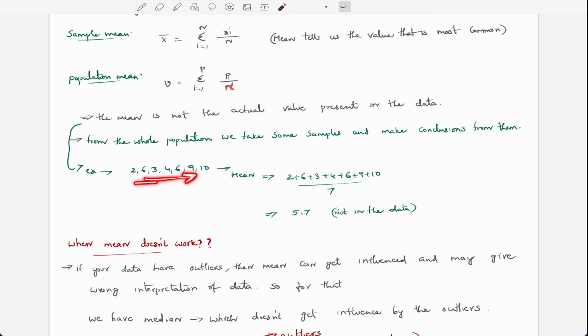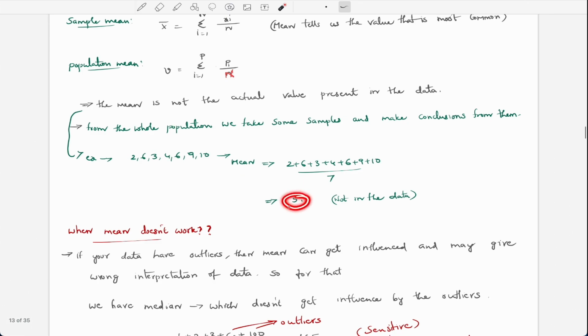Here we have 2, 6, 3, 4, 6, 9, 10, and we add those and divide by the number of values, which is 7, and we get our mean. If you observe clearly, the 5.7 is not in this data.